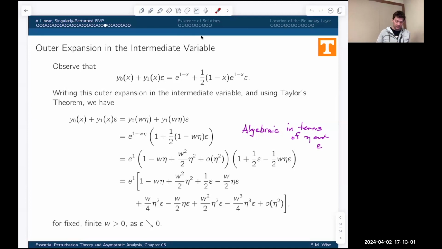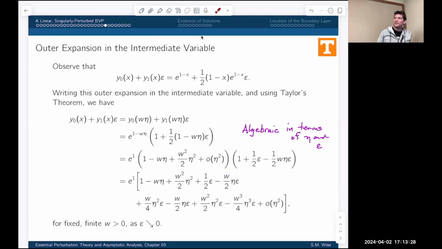Not transcendental, okay? I need something which is algebraic so I can do an asymptotic series expansion. So here's my expansion in terms of a polynomial for the exponential function. I'm going to pull off this e to the 1, so this is just going to be e to the minus w eta here. And this is just all that rewritten.